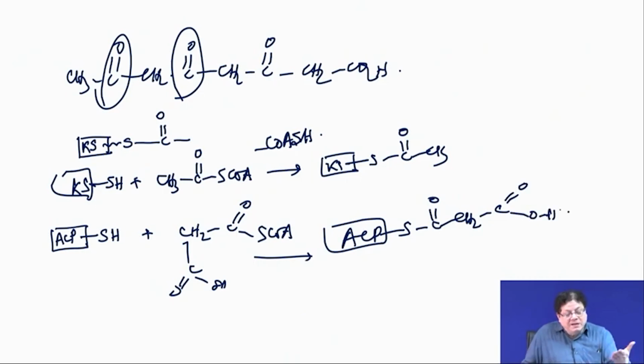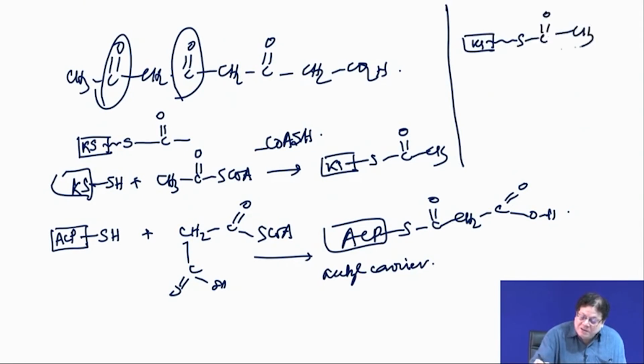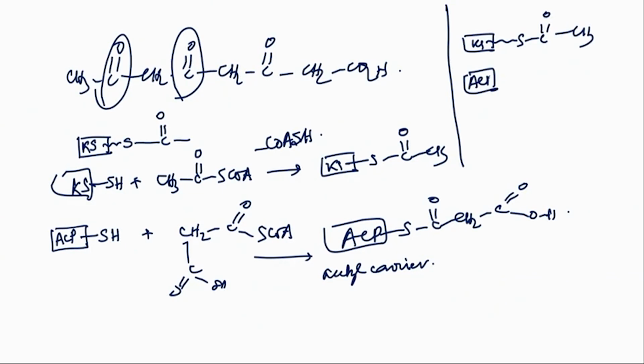Basically, before the Claisen condensation takes place, first this has to happen. A ketosynthase enzyme holds the acetyl group and an ACP, acyl carrier protein, holds the malonyl group. That means we have a ketosynthase which takes the S-CO-CH3, and an ACP side by side, which has S-CO-CH2-CO2H.